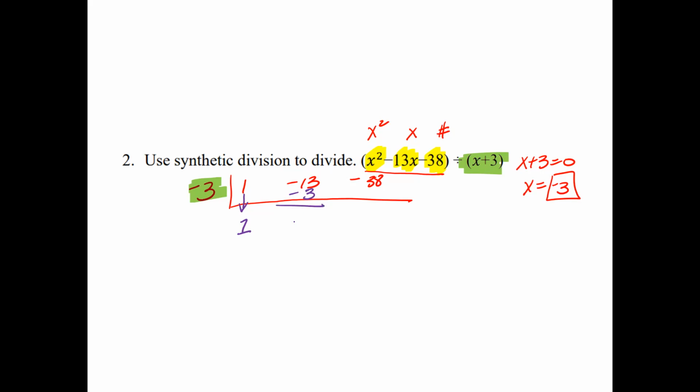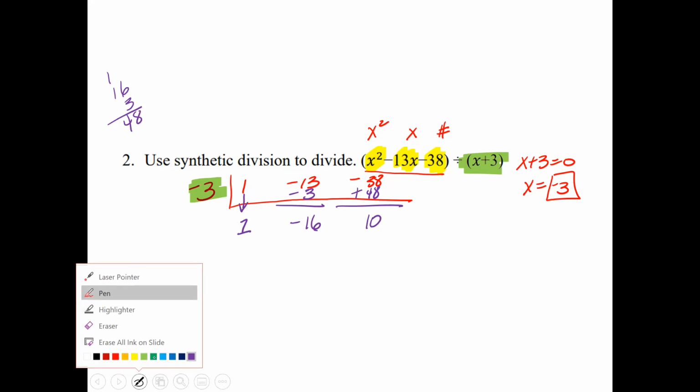So when I add them, that gives me a -16. -3 times -16, if you have a calculator, that's going to give you a positive 48, because a double negative multiplied together gives you a positive. So plus 48, you're going to add them, not subtract it. So that gives you a 10.